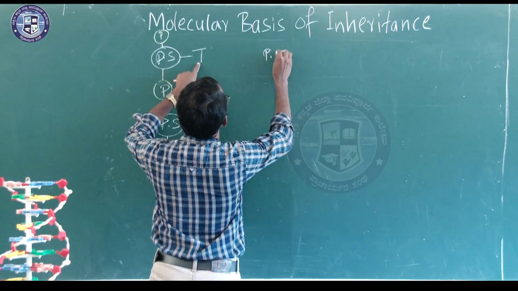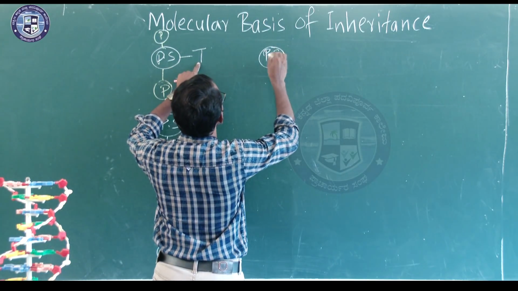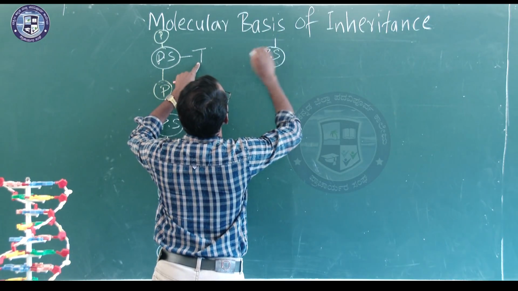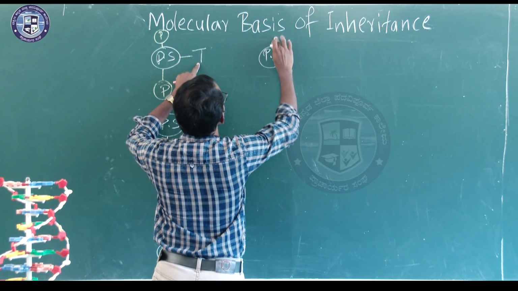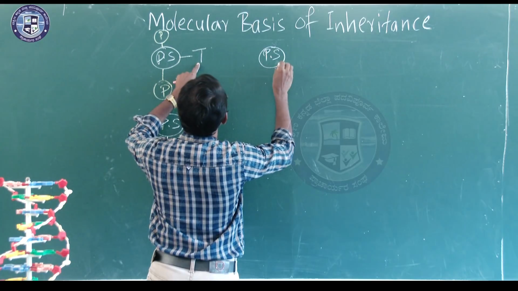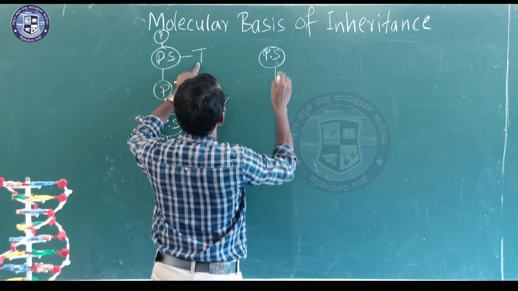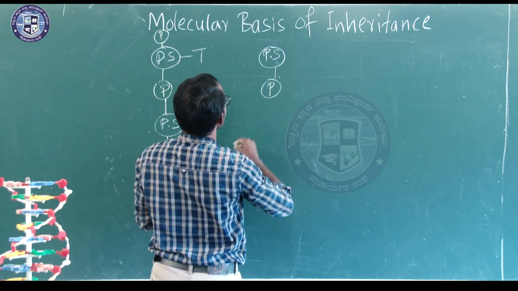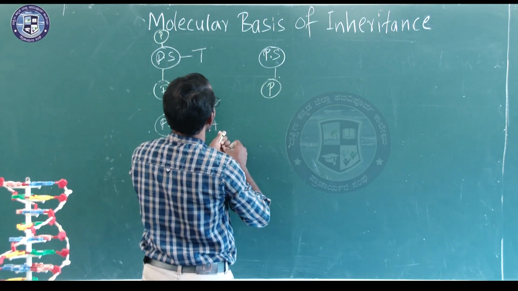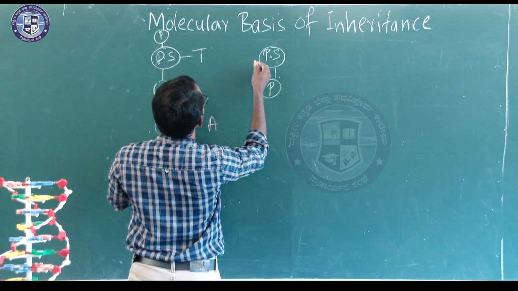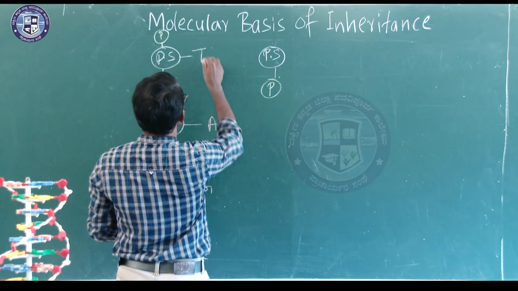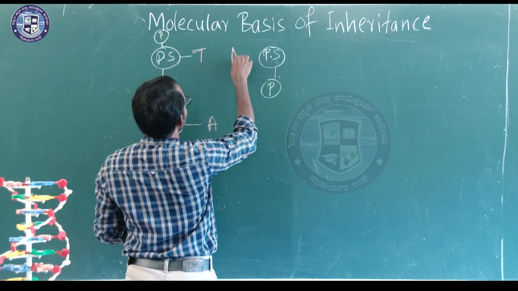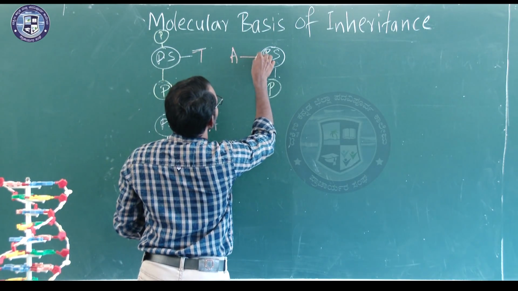Once again you should find a pentose sugar here, and it is associated with the phosphate group, and you locate adenine here.